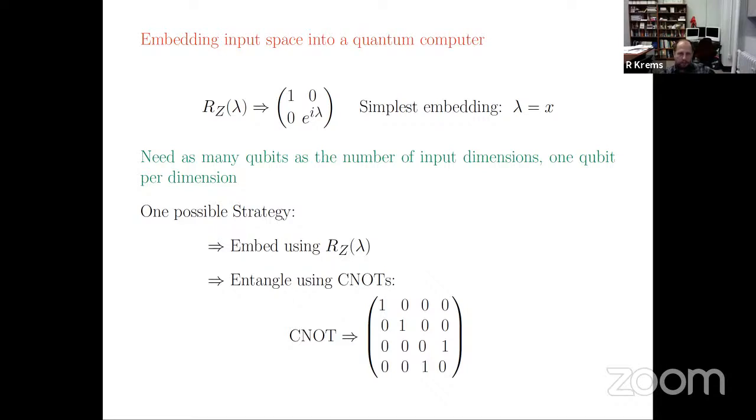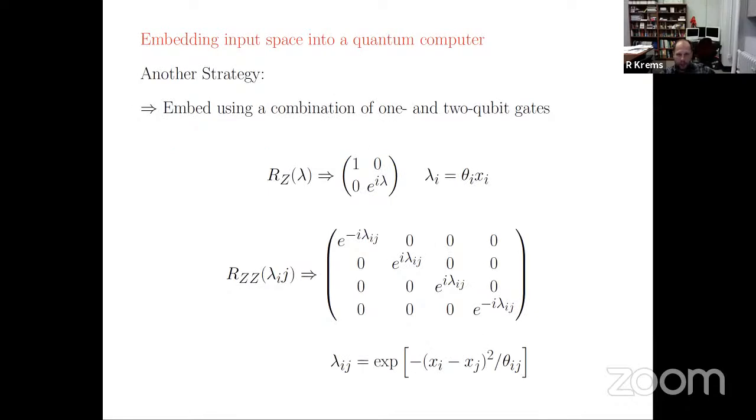Another strategy could be to embed using a combination of 1 and 2 qubit gates, for example, by setting those phases as proportional to the input features, this is what other people have done, and then these phases given by something like this.